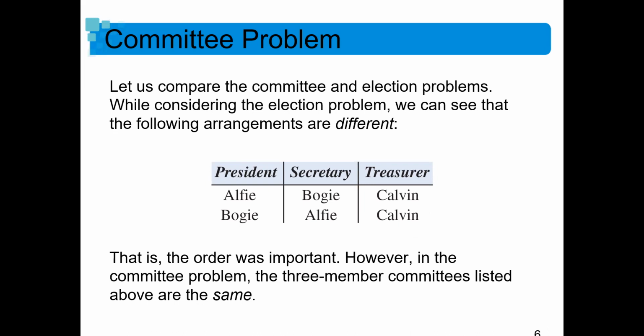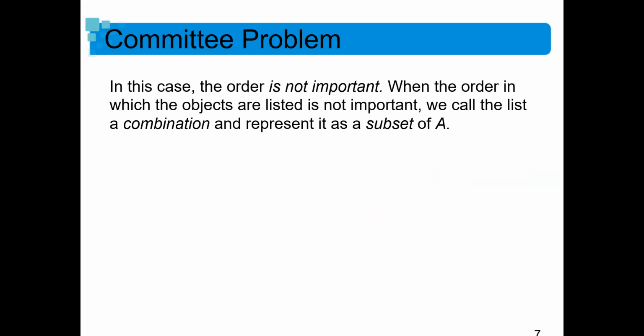But for a committee, all three are members of the same committee. So ABC and BAC are essentially the same. The order doesn't matter. Again, for a committee problem, for a combination, the order is not important.